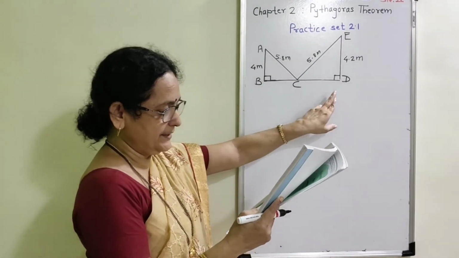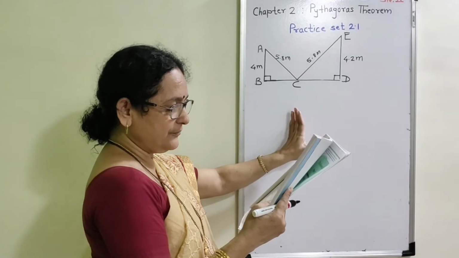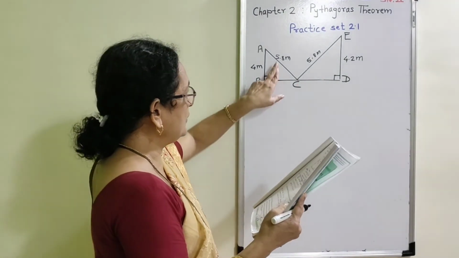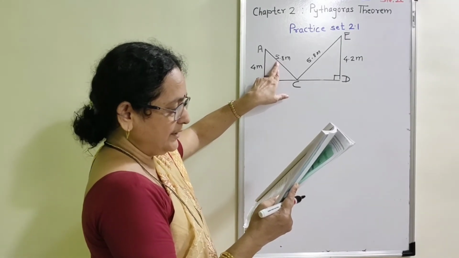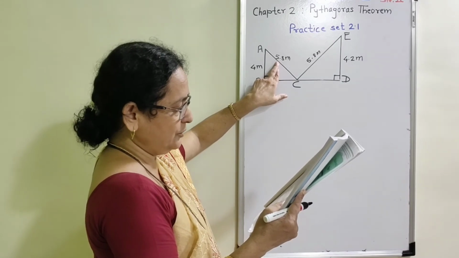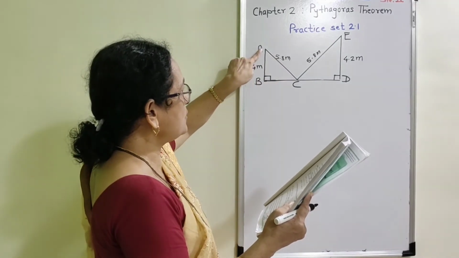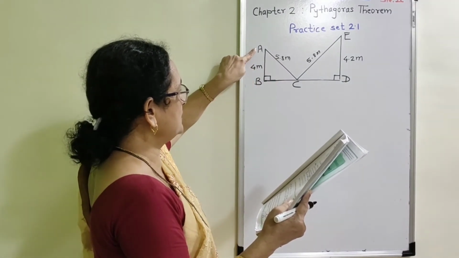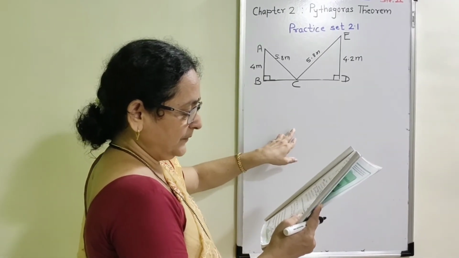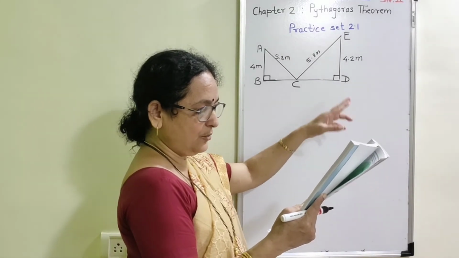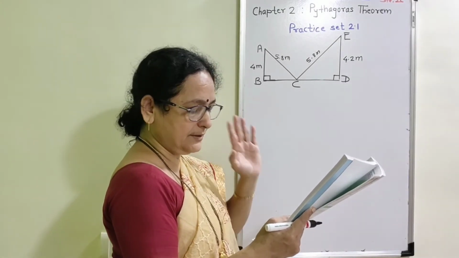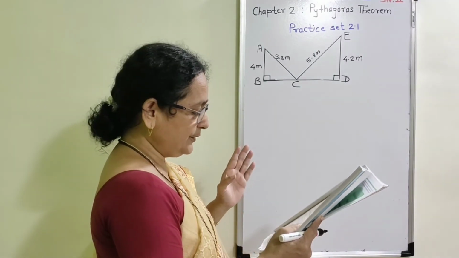Walls of two buildings on either side of a street are parallel to each other. Now a ladder of 5.8 meter long is placed on the street such that its top just reaches the window of a building at the height of 4 meter. Now A is the position of the window, and next, on turning the ladder over to the other side of the street, its top touches the window of the other building at height 4.2.